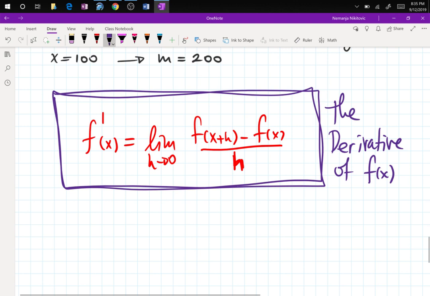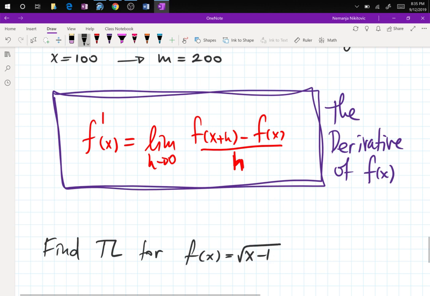Oh, this edition is not the same as your edition, so I'm just going to put a random problem. Find the tangent line for f of x equals square root of x minus 1 at x equals 2.